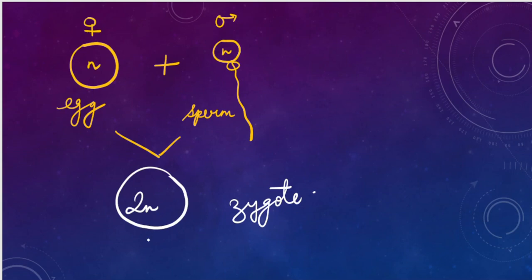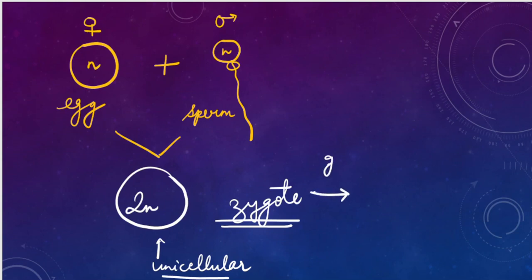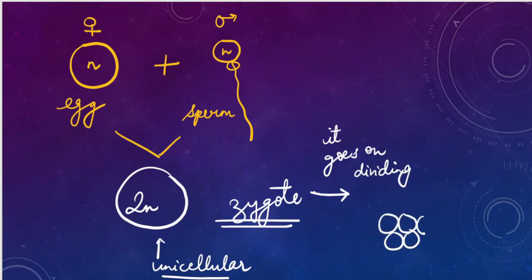So this zygote is just unicellular. But the zygote doesn't remain unicellular. It goes on dividing. This one cell will become two cells, then four cells, then 5, 6, 7, 8. It will go on dividing.